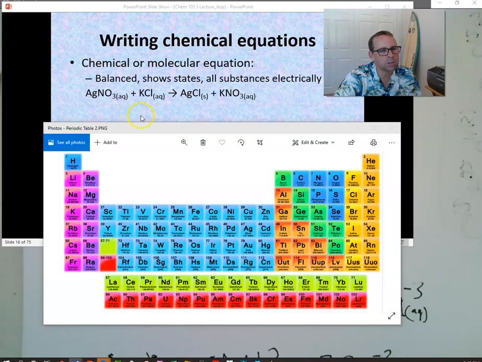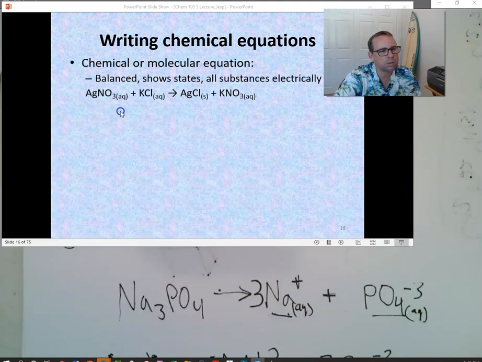So the name of that compound is silver nitrate. Plus, what's the name of this compound? K is element 19. Potassium chloride. Very good.